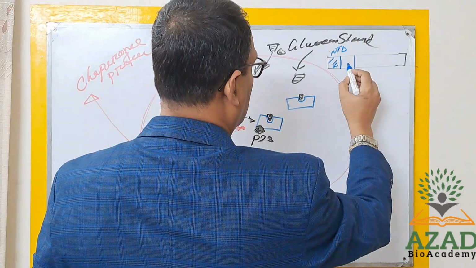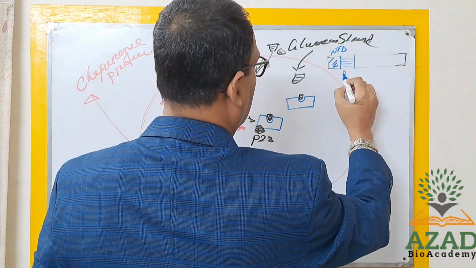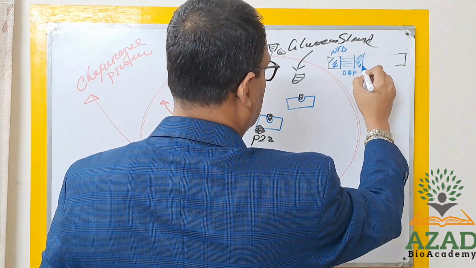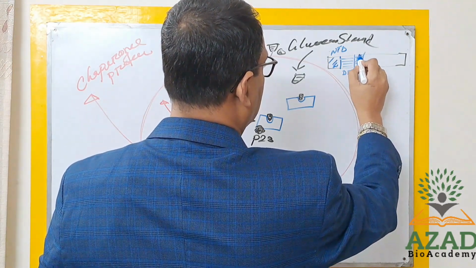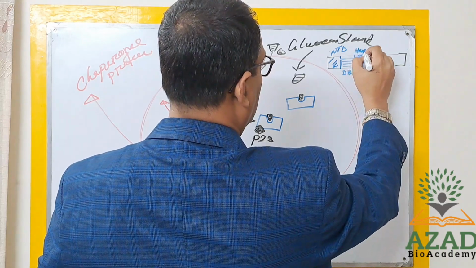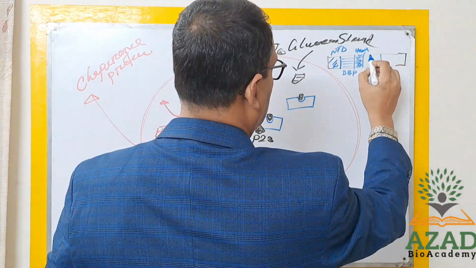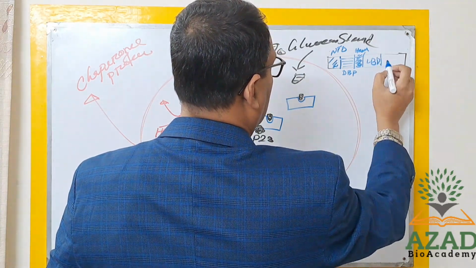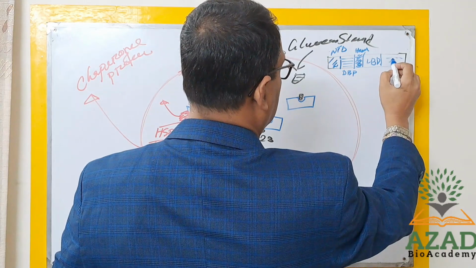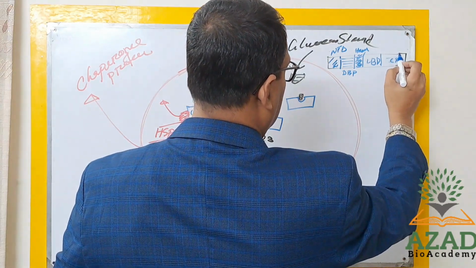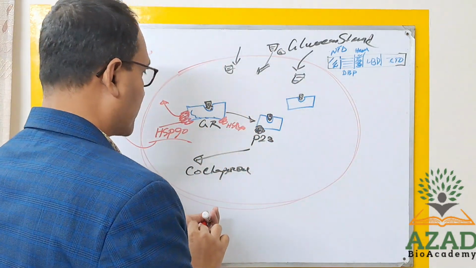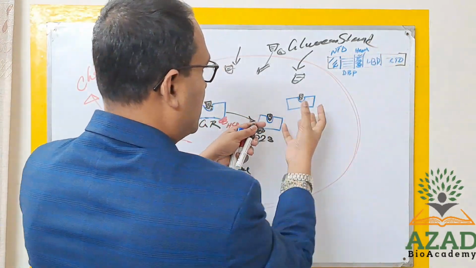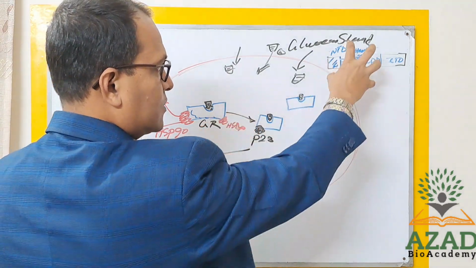You can say this is the DNA binding domain. You can say this is the hinge region, that is linkage region, hinge, and you can say this is the ligand binding domain, and you can say this is the C-terminal domain.